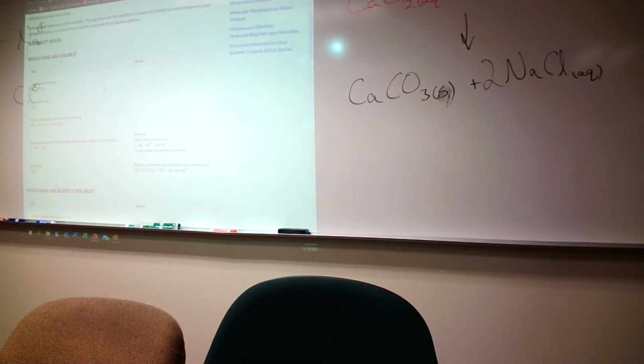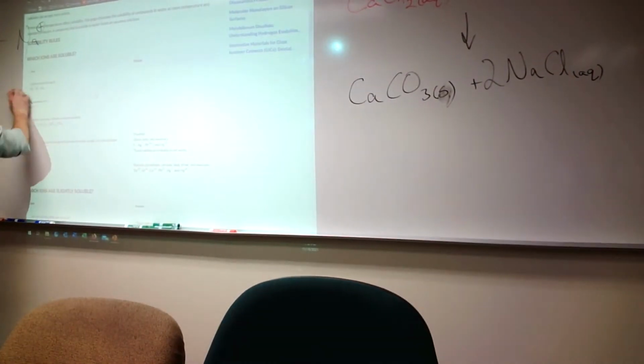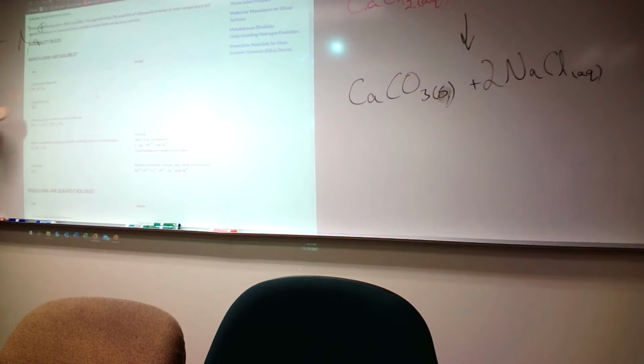So which ions are soluble? Well, all of the alkali metals, group 1, so sodium, potassium ions, are always soluble in water, no exceptions. Ammonium is always soluble, no exceptions. Nitrates, acetates, chlorates, and perchlorates are always soluble, no exceptions.